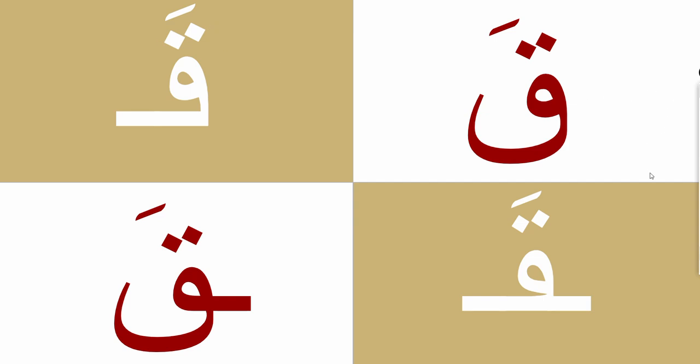It's a heavy K, more like Q, but we don't pronounce Q like this. Let's say it's a heavy K with fatha, with an A afterwards. Qa, qa, qa. Let's move on.